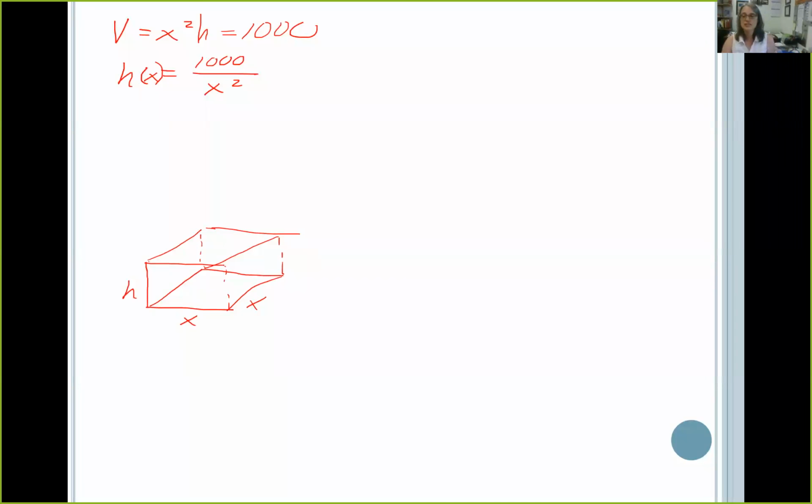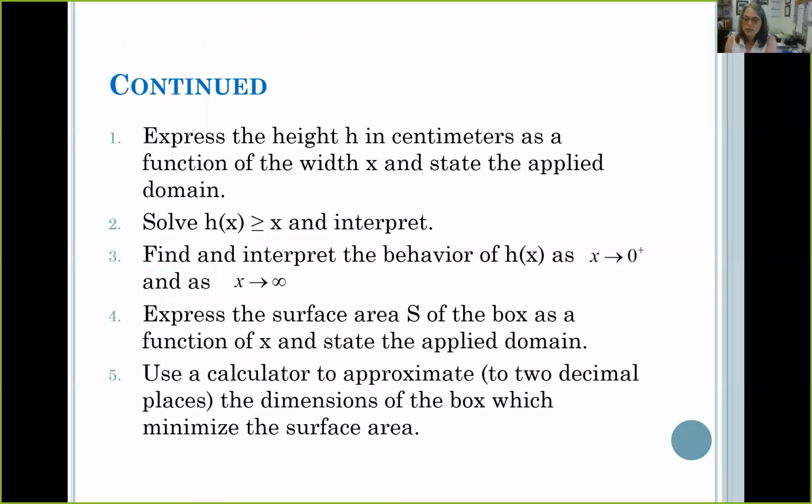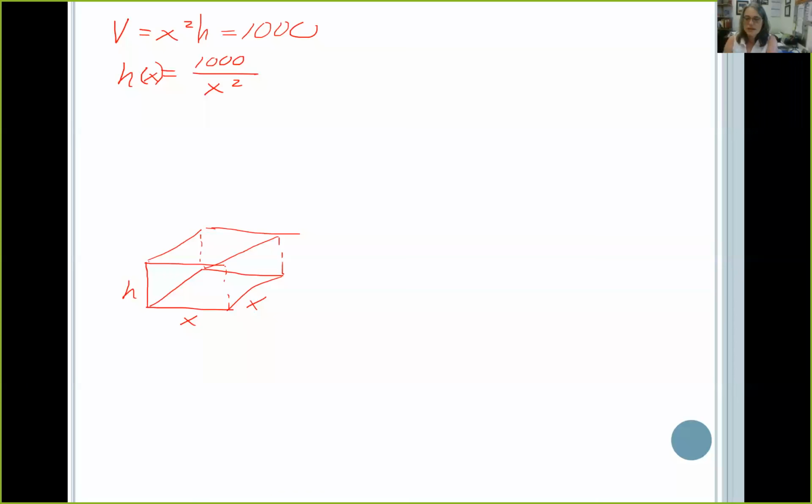Well, we already said that if x gets smaller and smaller, our box gets taller and taller. Meaning, if we want to maintain our volume and our base gets smaller, our height's got to get bigger. No big surprise there. What happens though as our base gets bigger? In other words, as x goes to infinity, well, same volume, height's got to go down, right? Okay.